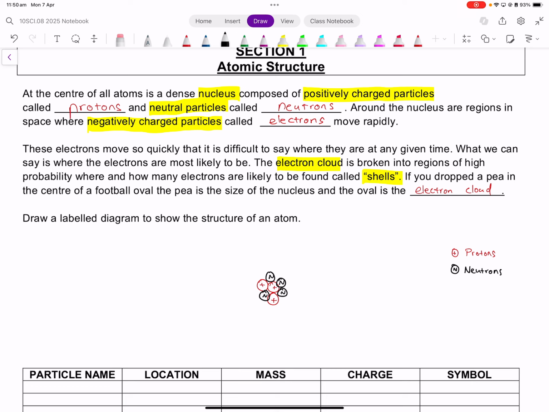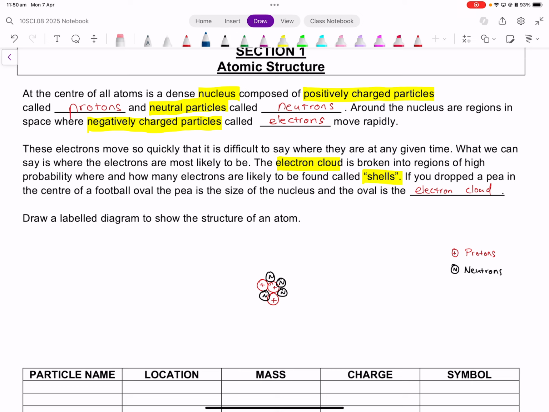Now, in an atom, and I do say this carefully, in an atom, how many electrons do we have? Is it the same, or is it more, or is it less than the number of protons? Same, more, or less? Not sure? Is it the same? It is the same, okay? Because our atoms like to be really well balanced.